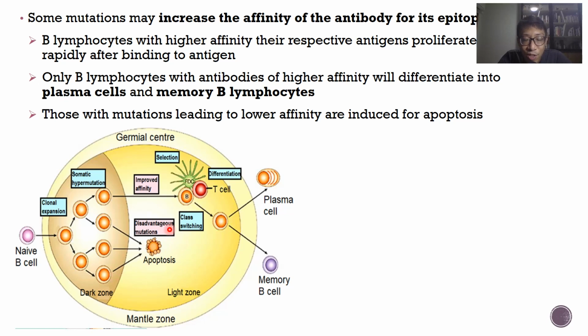So for the B cells that have a lower affinity, they would be removed via apoptosis. So those remaining from this group that can continue development would be those that have mutations introduced to increase the affinity of their antibodies to the antigen on the pathogen.